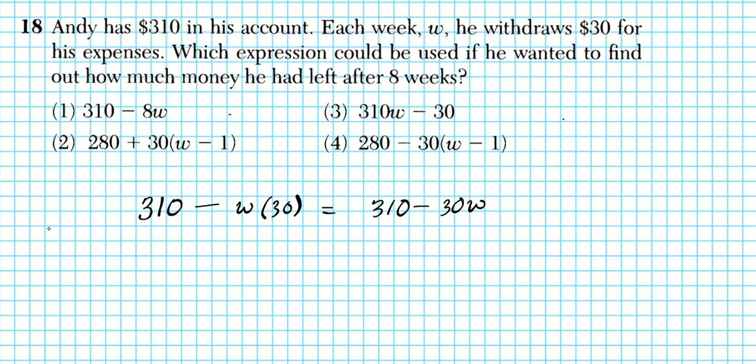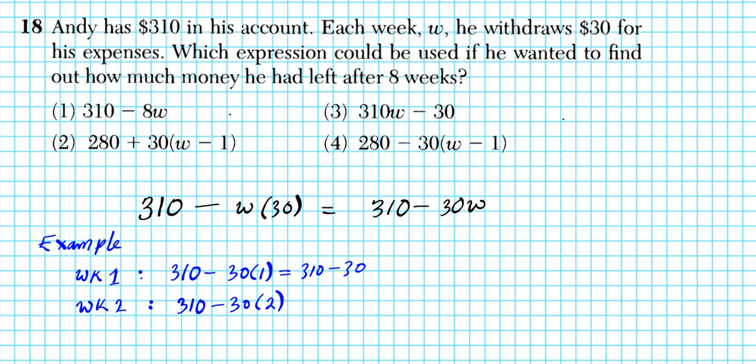So let me just give you some example scenarios to help you understand what's going on here. For week 1, we're going to have 310 minus 30 times 1, which is 310 minus 30. For week 2, we have 310 minus 30 times 2. So you see why we're multiplying 30 and W, because W represents each week.